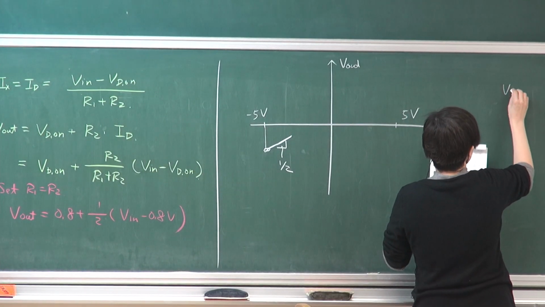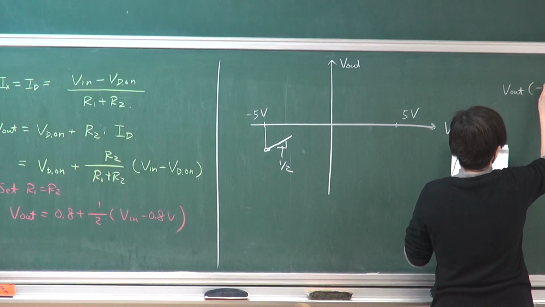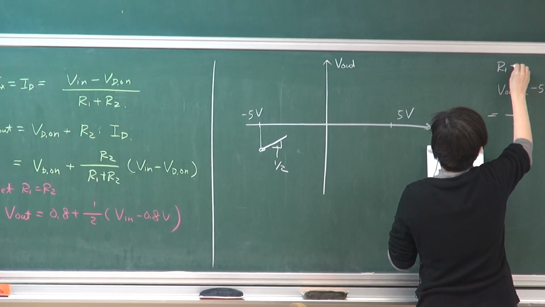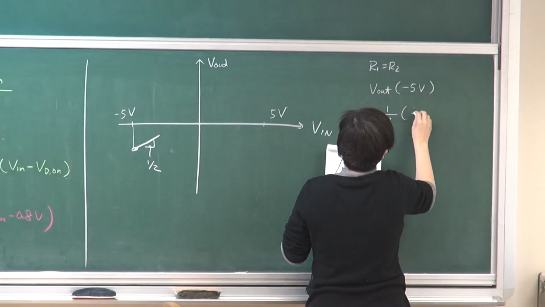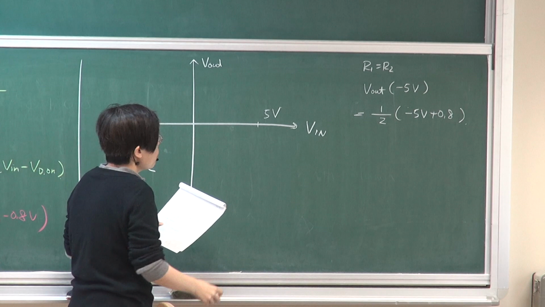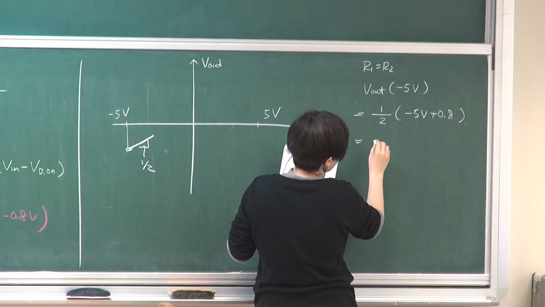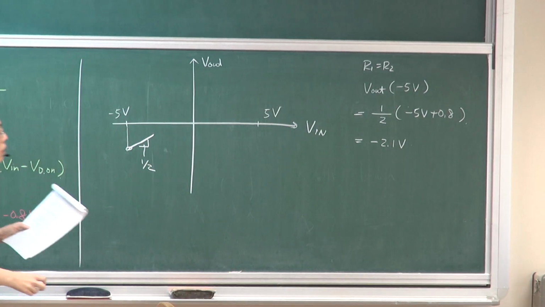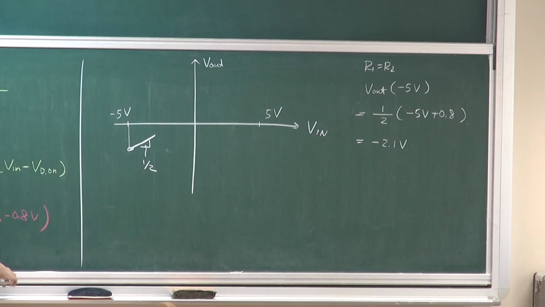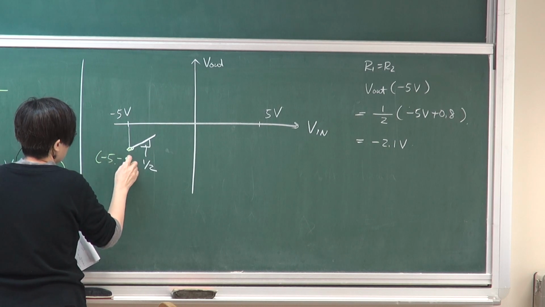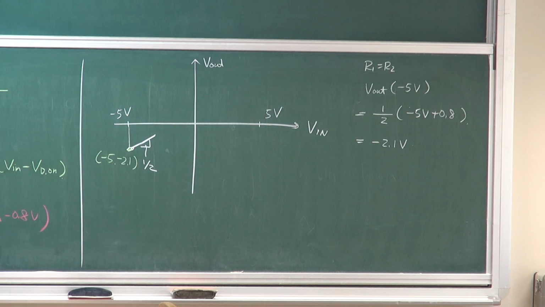So your Vout at -5 will be 1/2, let's say R1 equals to R2, times -5 plus 0.8. And this will be -2.1. Okay? So this simply means that this particular point at the boundary is -5, -2.1. You get your starting point, you get the slope of moving.